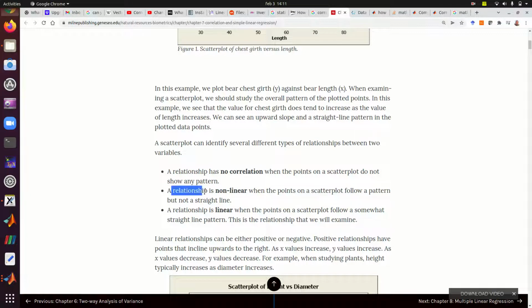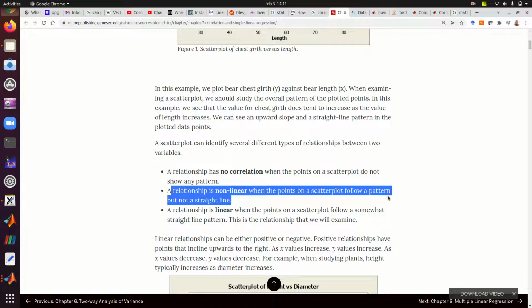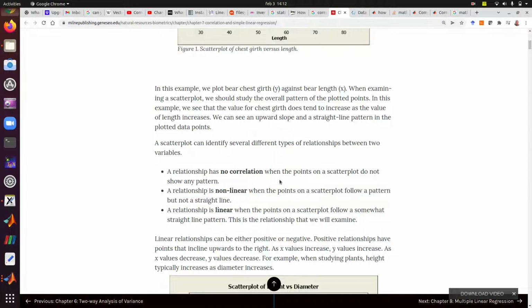A relationship is non-linear when the points on a scatter plot follow a pattern but not a straight line. It is linear when the points on the scatter plot follow a somewhat straight line.